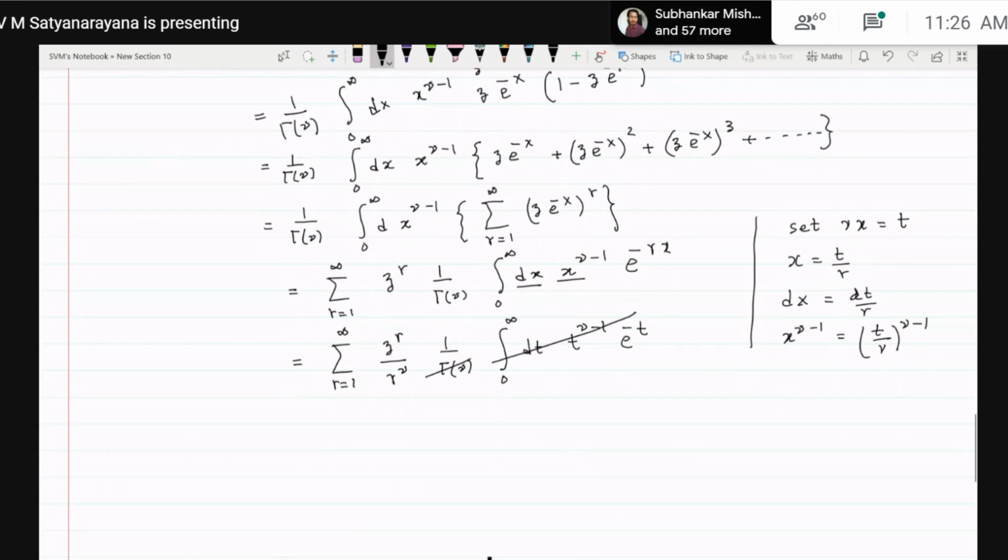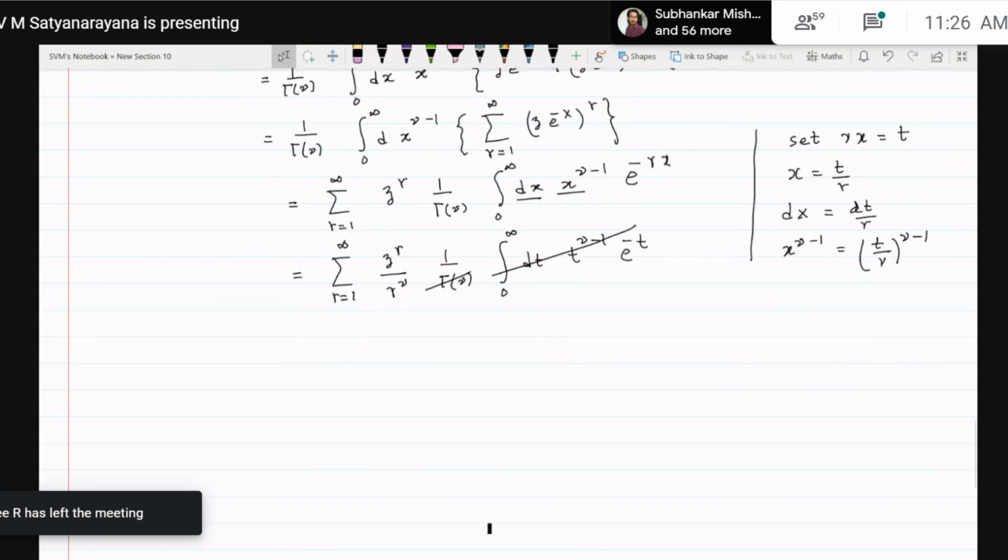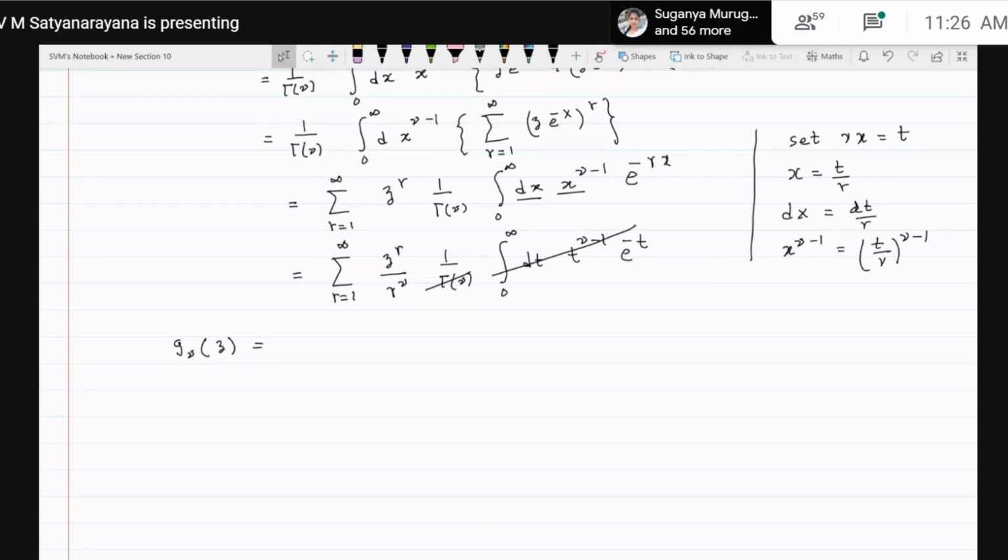So the Bose-Einstein function I have now evaluated as g nu of z, that is z plus z square by 2 to the nu plus z cube by 3 to the nu, and so on.